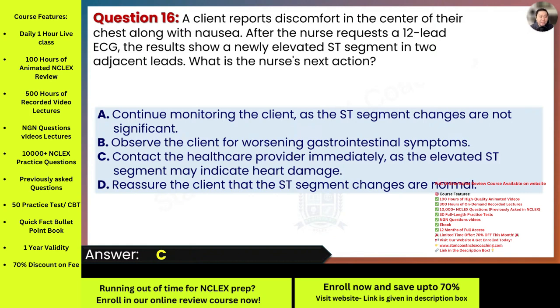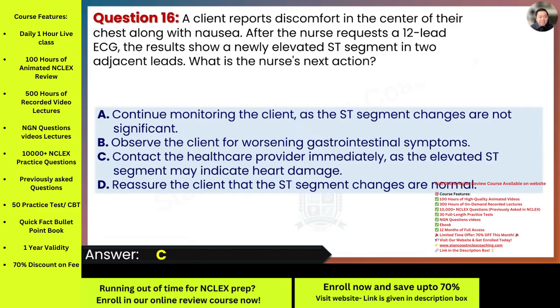Now, what about letter A? Continue monitoring the client as the ST segment changes are not significant. Well, this is a risky approach because new ST segment elevation is significant and this needs immediate attention. And so if you're just monitoring without action, this is actually delaying the necessary treatment.